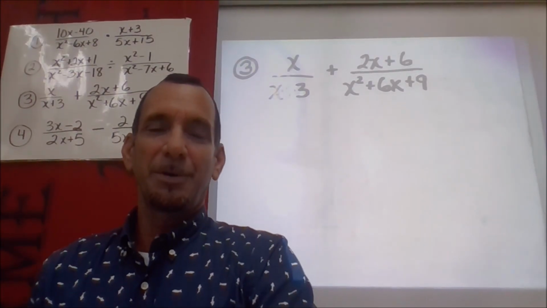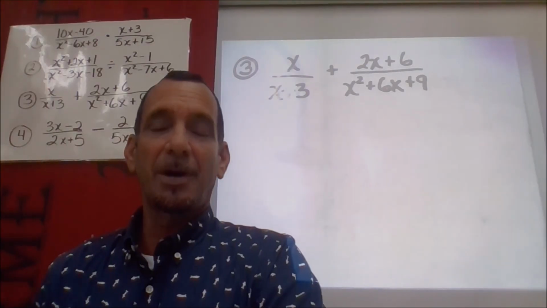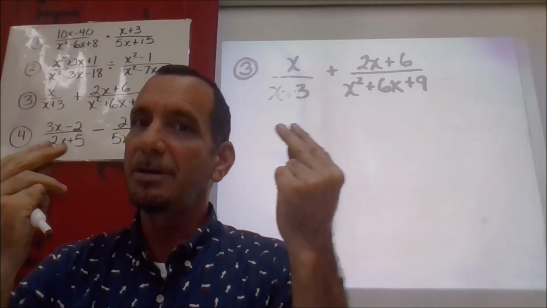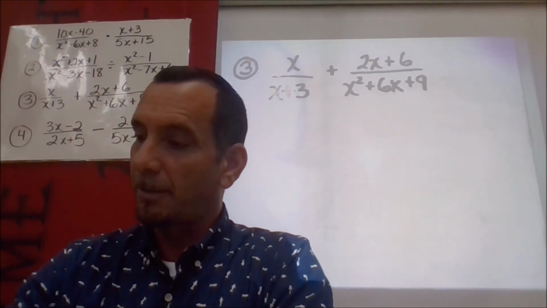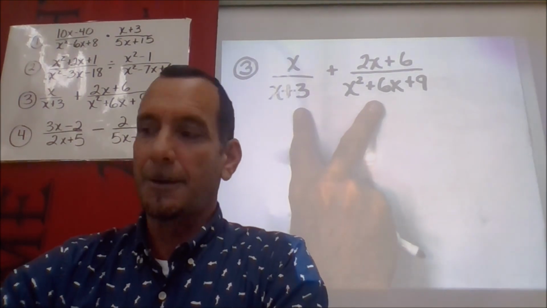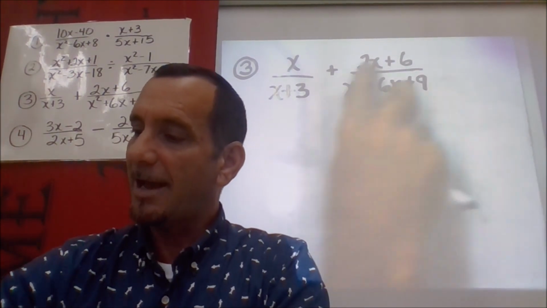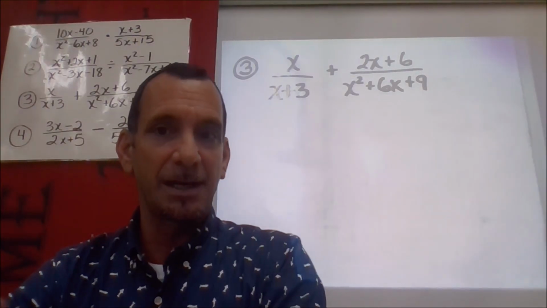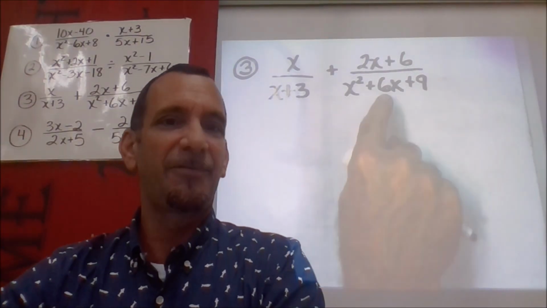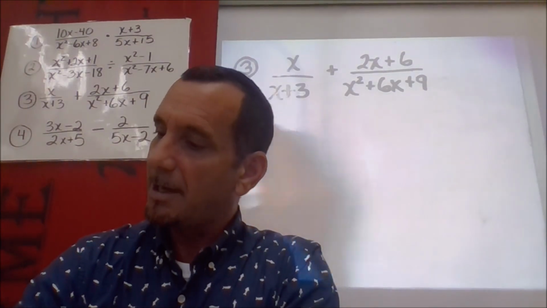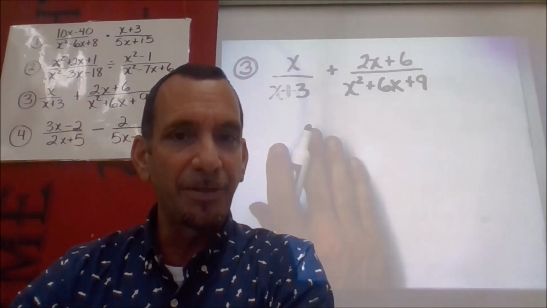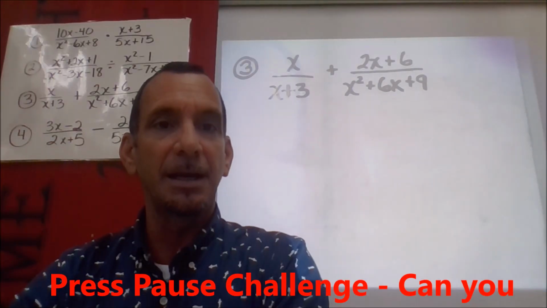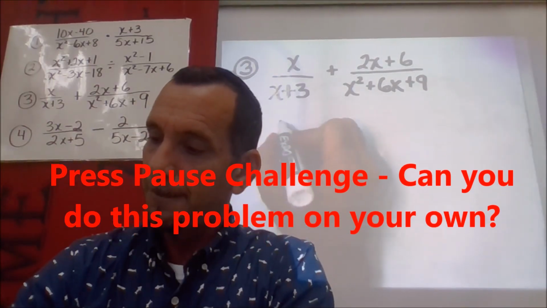Here we are with number 3, our simple addition problem, addition and subtraction, common denominator. What are we going to have to do to this expression to see if we can start getting a common denominator? Factor. So let's just come on over here. I'm going to factor everything and then see if we can get a common denominator.